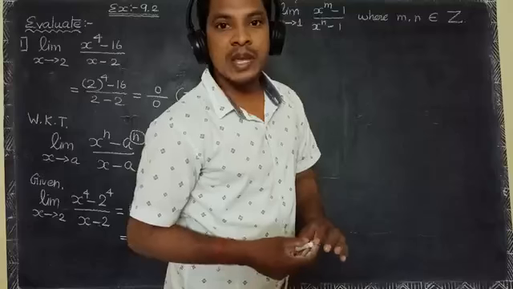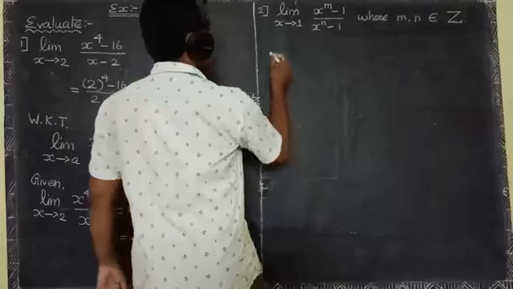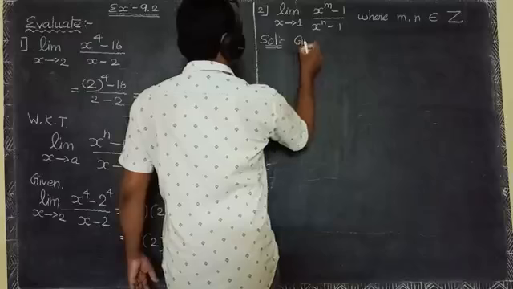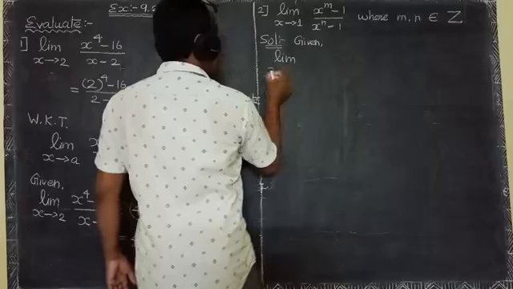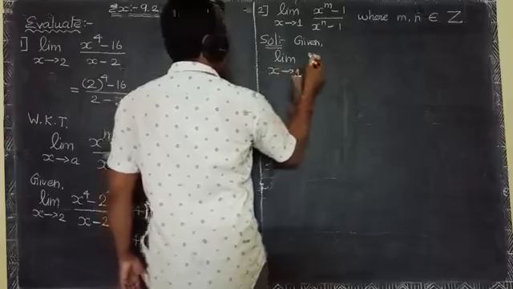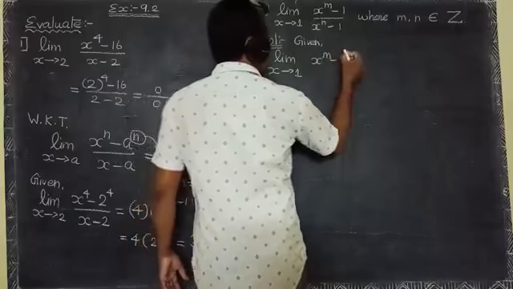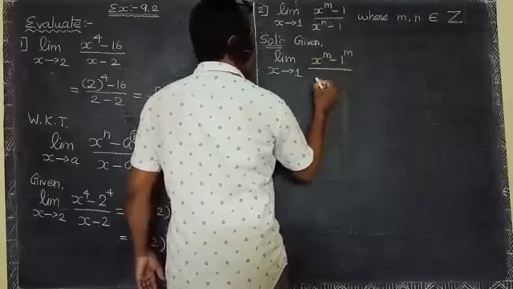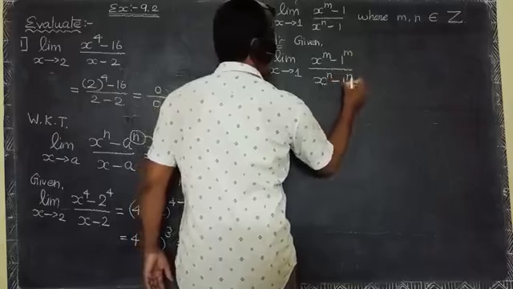So using the property, here the solution. Given limit x approaches 1 of x power m minus 1, where 1 can be written as 1 power m, divided by x power n minus 1, where 1 can be written as 1 power n.